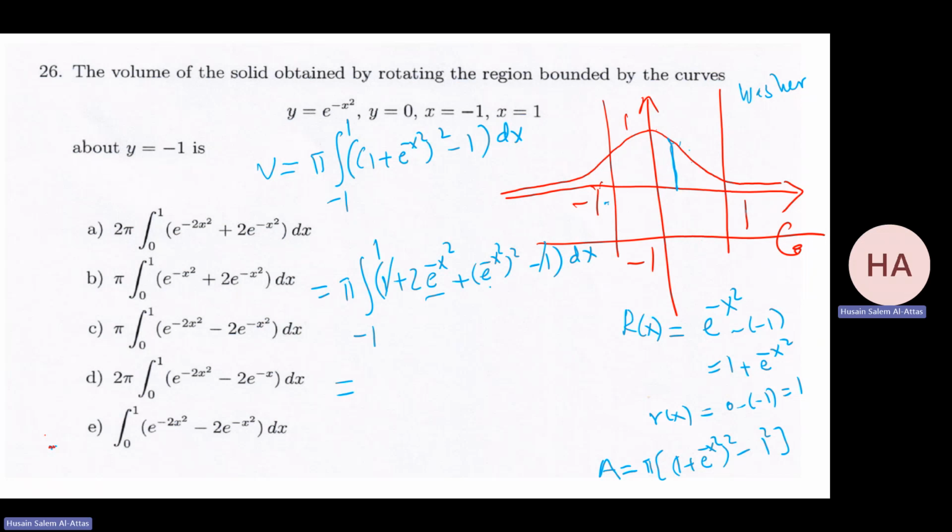And I notice this is even, so I can take 2 pi from 0 to 1 of 2 e to the minus x squared plus e to the minus 2x squared dx.